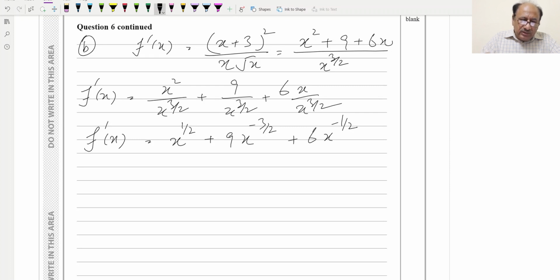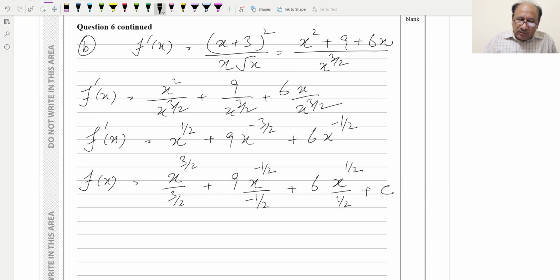Now we can integrate, and the integral of f dash of x will be f of x, so we will add 1 to the power. So 1 by 2 plus 1 is 3 by 2, divided by 3 by 2, plus 9x raised to the power minus 3 by 2 plus 1, which is minus 1 by 2, divided by minus 1 by 2, plus 6x raised to 1 by 2, divided by 1 by 2, plus the integral constant c.